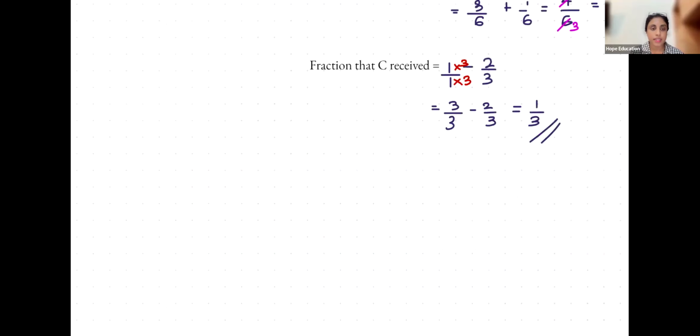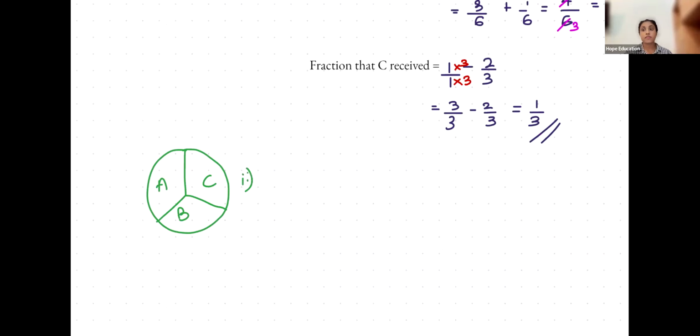So the same amount of money, divide equally among the three: A, B, C. Then what is the fraction that one of them will receive? Because now it's divided equally, no? What is the fraction that one of them will receive? Fraction that one will receive.